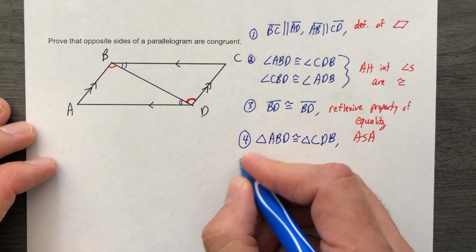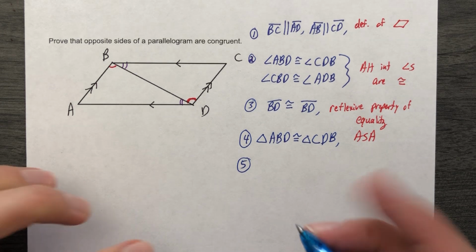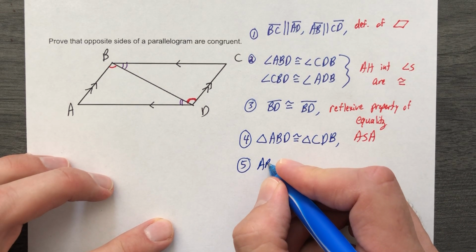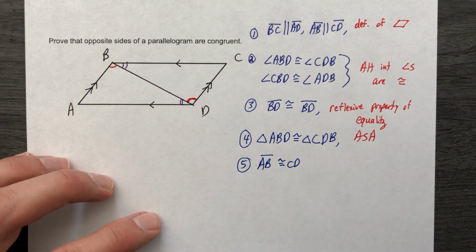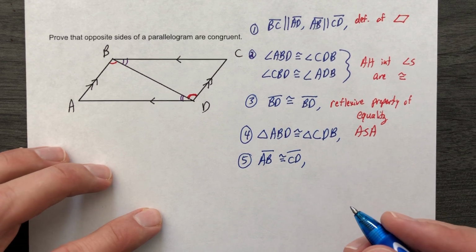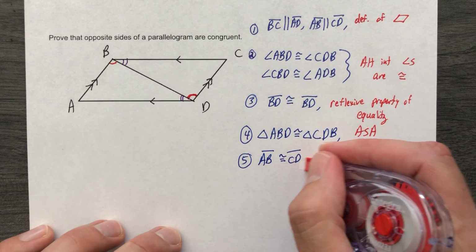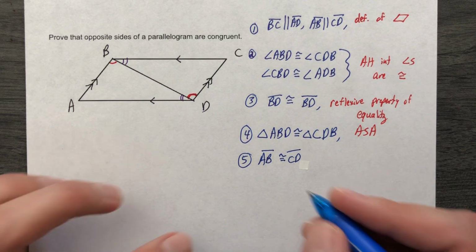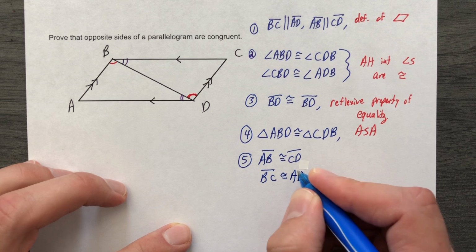So now we're going to go one step further, and we're going to say AB is congruent to CD. That's what I was aiming for anyway, right? And I also know that BC is congruent to AD.